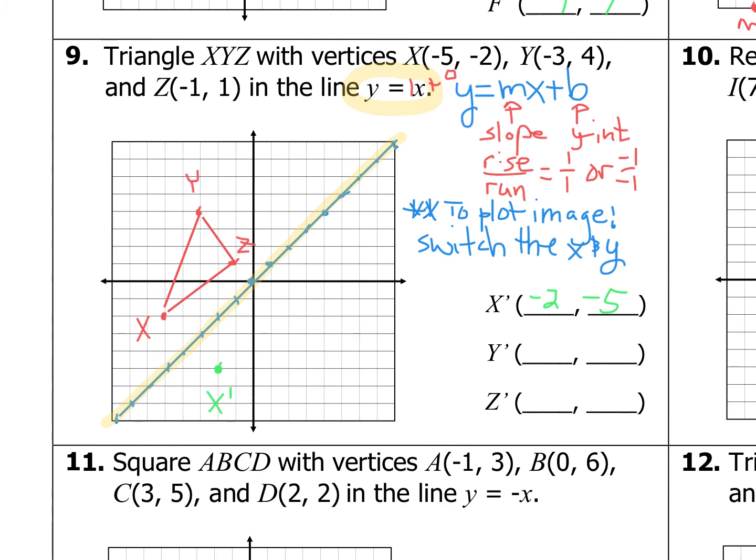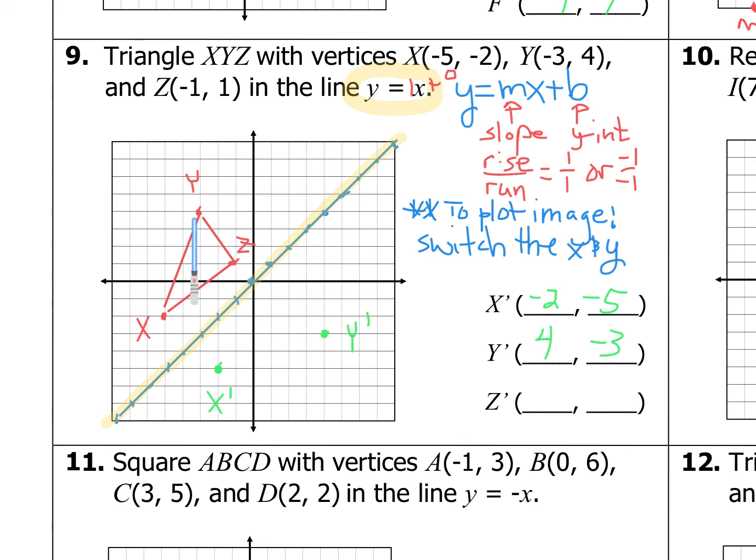So let's go ahead and finish up the other math portion of this. For the y, we're going to flip-flop those. So we get a 4 for the x and a -3 for the y. To plot that, I'm going to go to the right 4 and down 3, and I'm going to title that y prime.